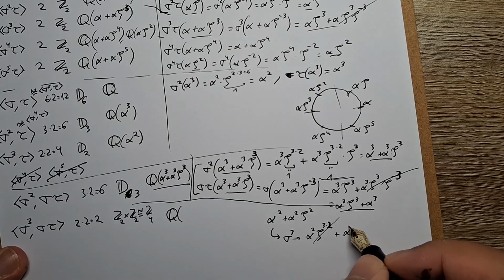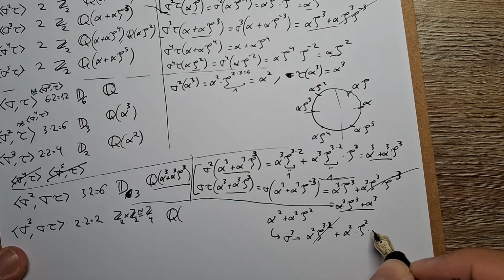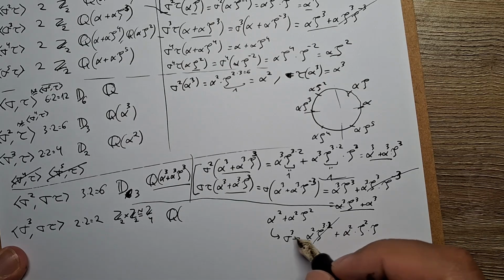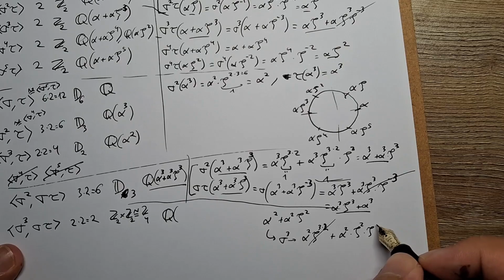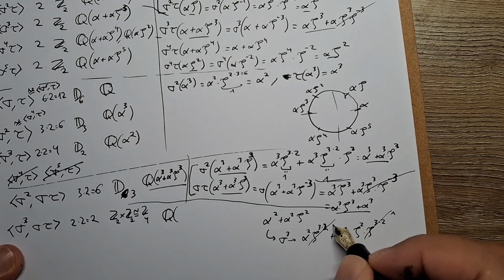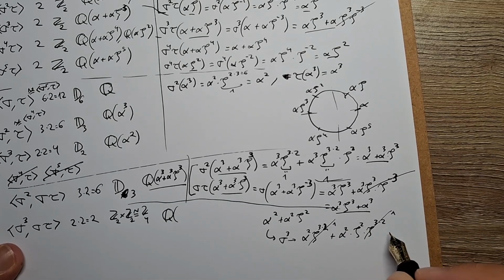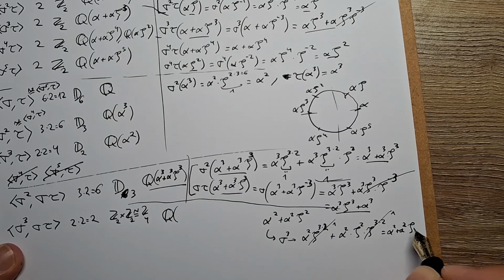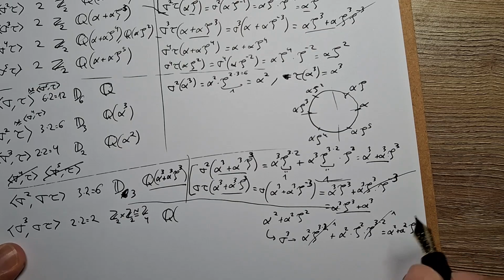alpha squared multiplied by theta 2, and then when we apply sigma 3 times, we get here also theta to the power of 3 multiplied by 2. This is also 1, which gives us alpha squared plus alpha squared multiplied by theta squared.